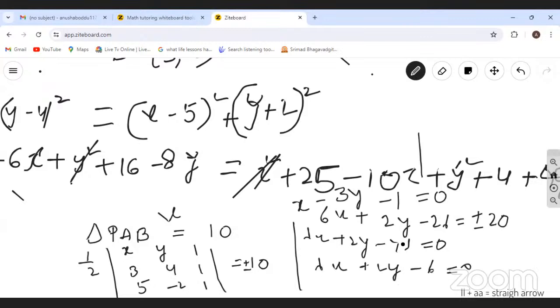Right? Can you take anything common in this equation and in this equation? Yes, ma'am, we can cancel it. In the first equation you will take 2 as the common. In the second equation also you can take 2 as the common.